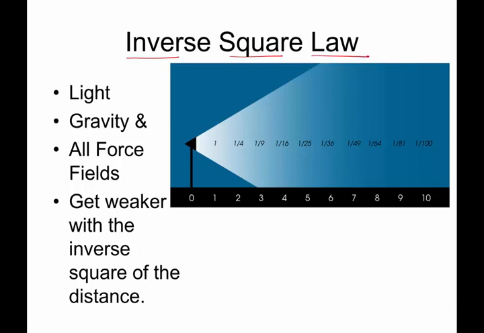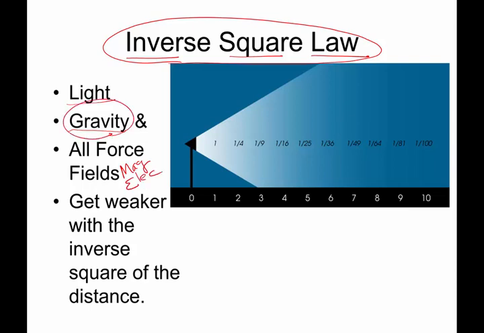And the inverse square law we have already talked about when we talked about gravity. Light, all different kinds of light, follows the inverse square law when we talk about brightness and luminosity. All force fields, meaning magnetic fields, electric fields, and of course gravitational fields, also follow the inverse square law. The quick version, without going into a little math, is that all of these things have a tendency to get much weaker with a small change in distance.